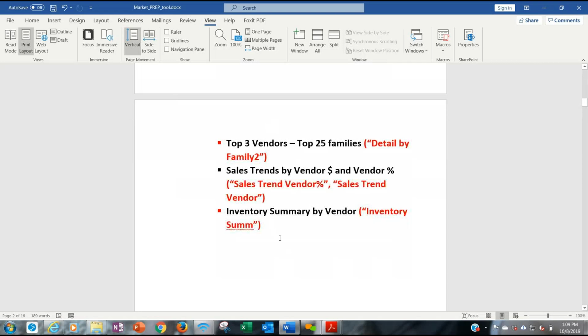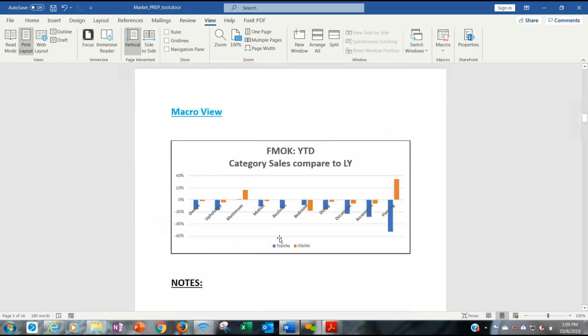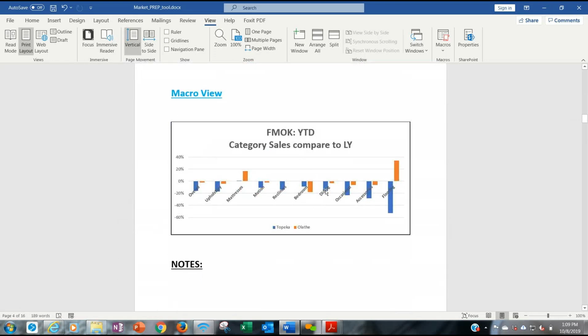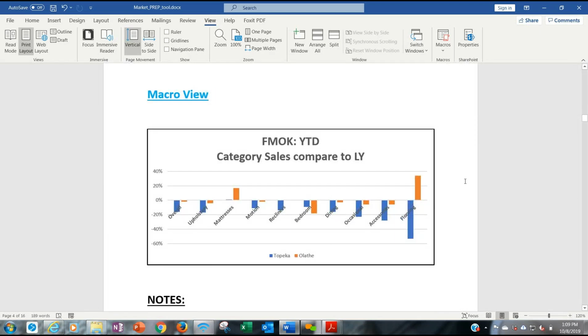Again, that's the information that I have included in this prep tool, and then we'll actually look into the data and type of view. So this is the first item that I was really looking at, a macro view. Sorry, and I can make this a little bit larger, so you can see here. So overall, looking at the categories compared to last year for each of the stores, you try to understand where we're up, where we're down.